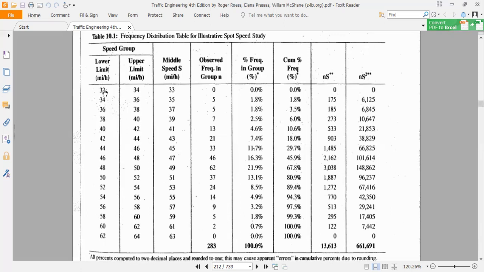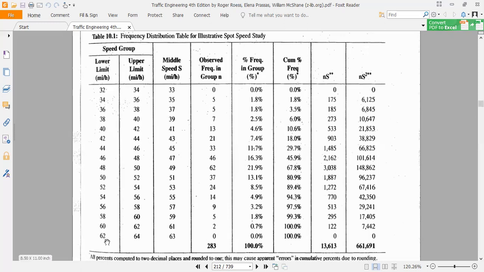For example, from 32 miles per hour to 34 miles per hour, the number of drivers moving at this speed is zero. From 34 to 36 miles per hour, the number of people moving within this range was 5.